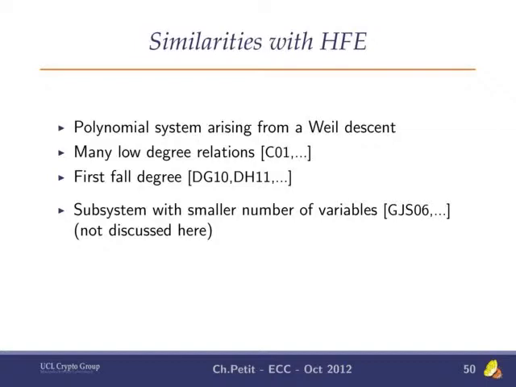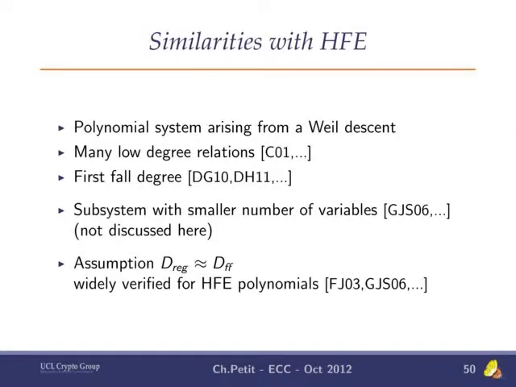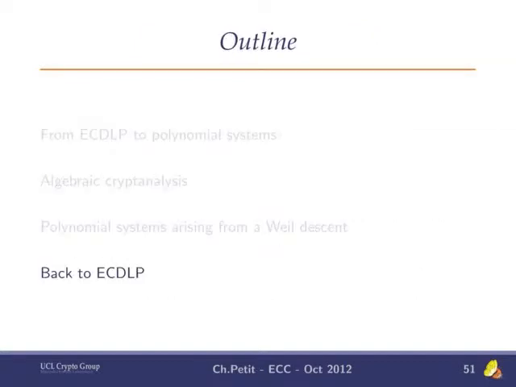That was shown by Granboulan and Stern for HFE, and can also be extended to our general case. Finally, the assumption that Dreg is equal, or roughly equal, to DFF has been widely verified for the HFE case. Okay, so back to ECDLP.